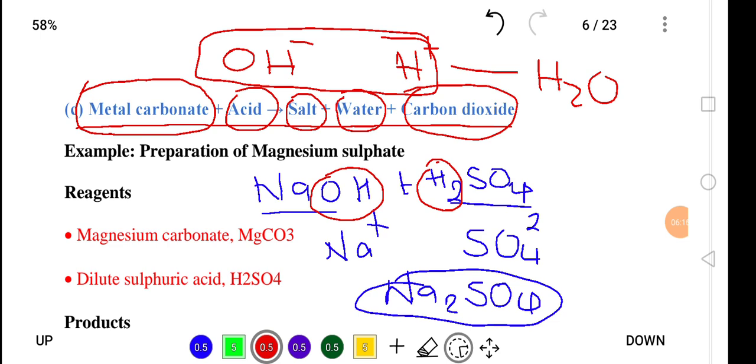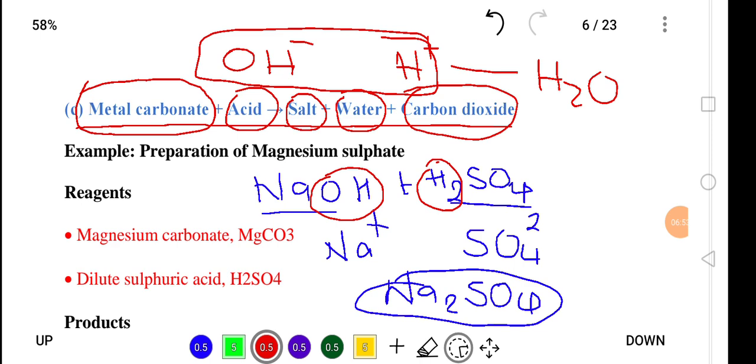Meaning there's an attraction between the hydroxide and the hydrogen, more especially that in the hydroxide there is oxygen which has high affinity to attract the positive charge. So provided we have oxygen in the structure, that oxygen in the hydroxide has higher affinity to attract the positive charge of the hydrogen, and that forms water.